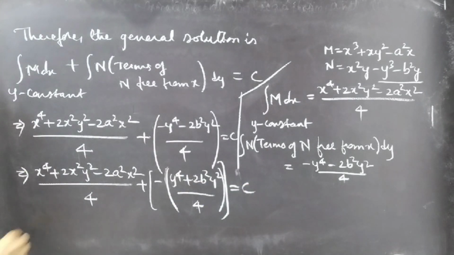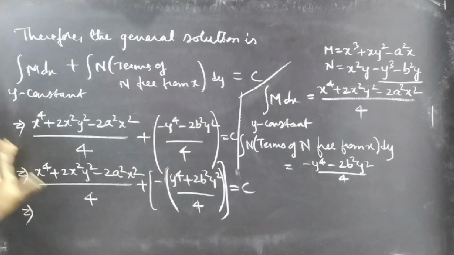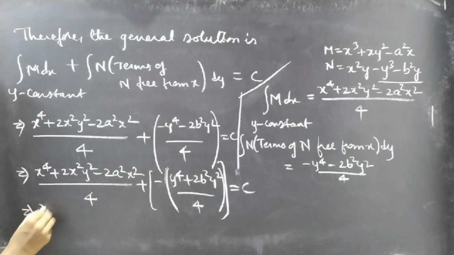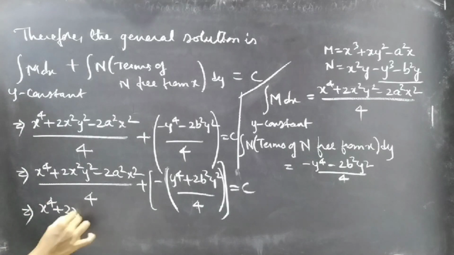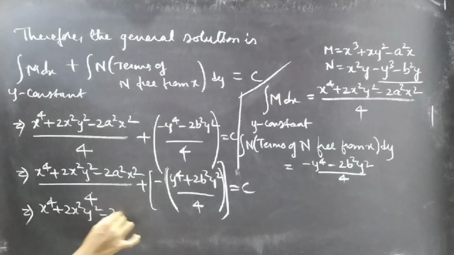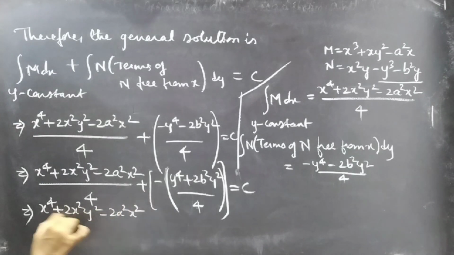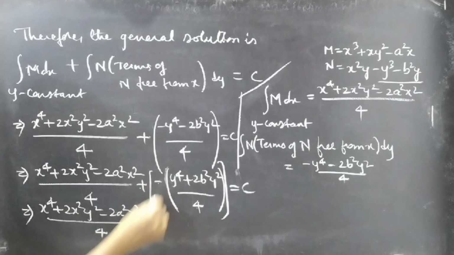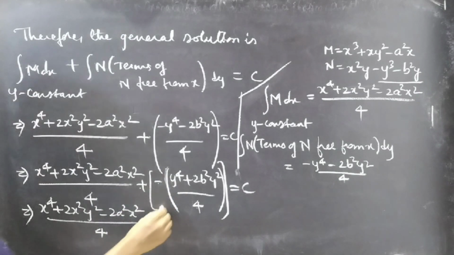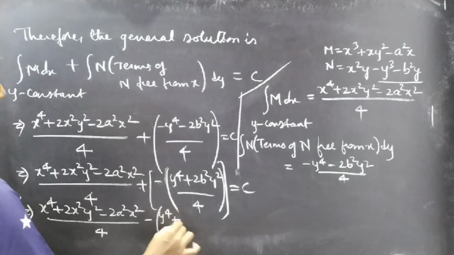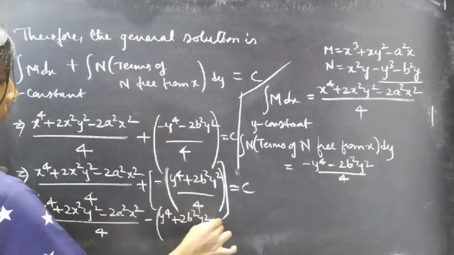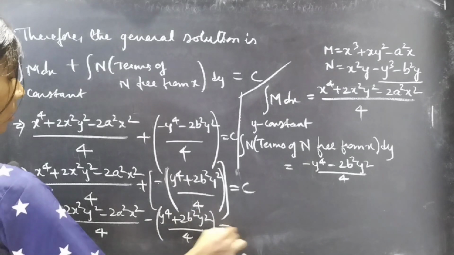Or you can just write directly, instead of writing these two steps, I mean one step, not two steps, okay? We'll get x power 4 plus 2x square y square minus 2a square x square by 4 plus minus y power 4 plus 2b square y square by 4 equal to c.